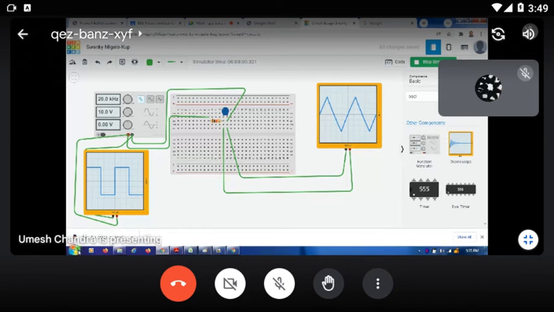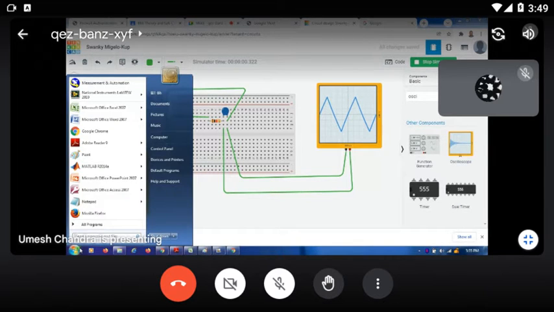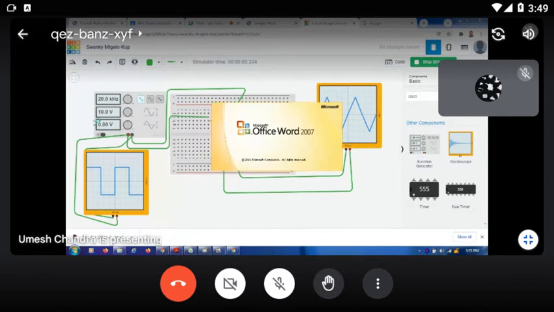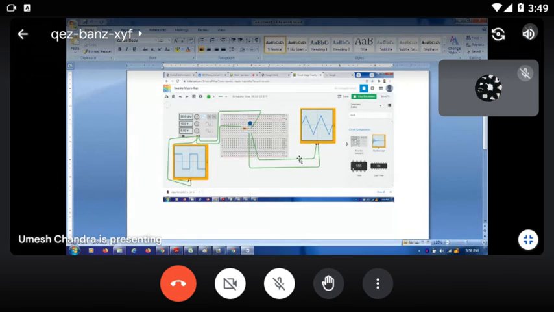Then just open Microsoft Word, and paste the integrator circuit square signal, and this is your output signal, triangle signal.